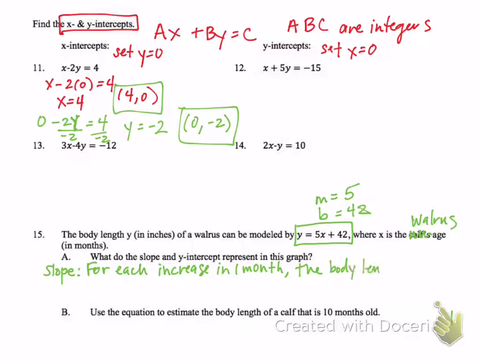Do you have to do like a full out sentence? Mm-hmm. So basically every month the walrus gets 5 inches bigger. Which makes sense because if you put x equals 1, then x equals 2, x equals 3, it's getting bigger by 5 inches every single time.